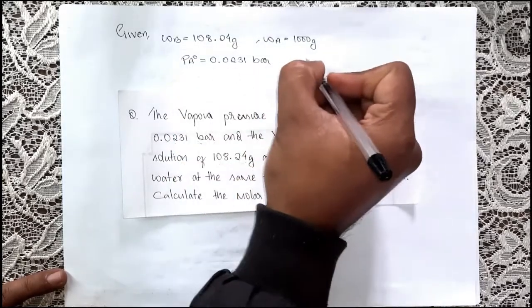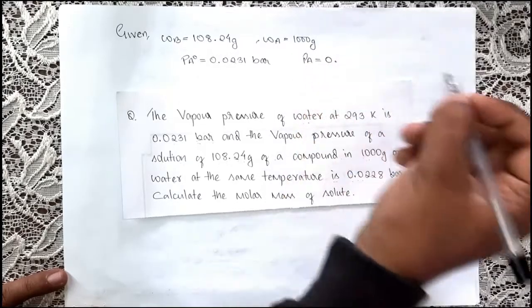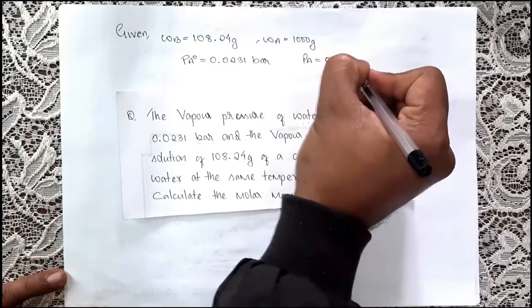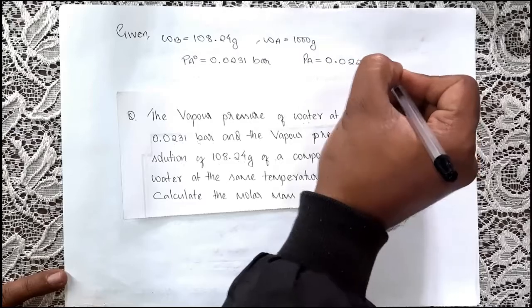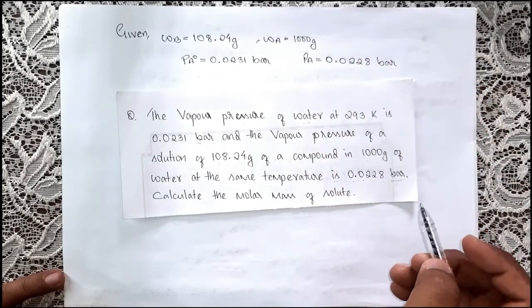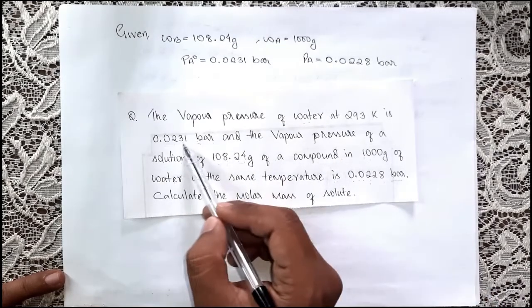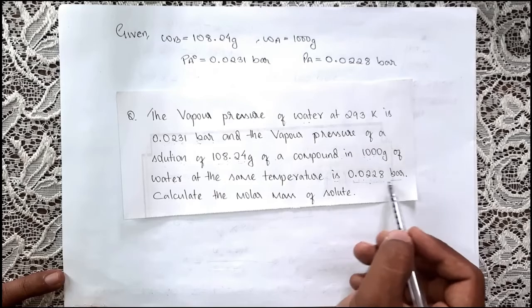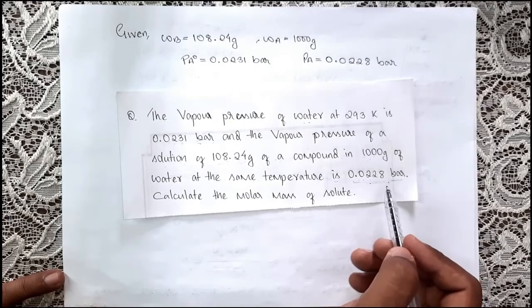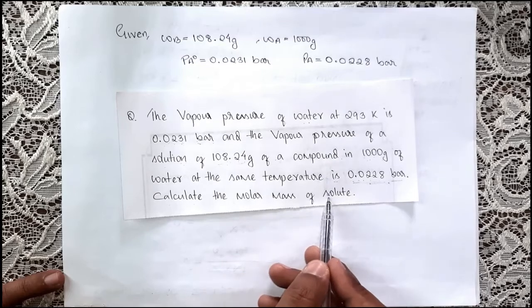So PA, vapor pressure of solution, is 0.0228 bar. So since this is your pure solvent, this becomes your solution. So it is quite easy. Calculate the molar mass of a solute.